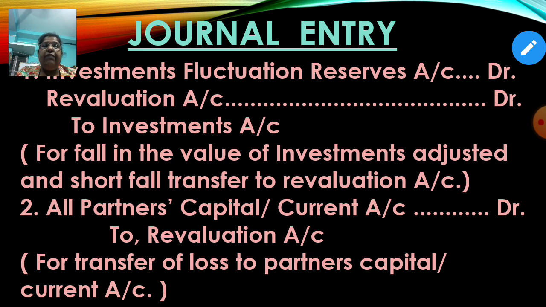First of all, investment fluctuation reserve account debit, the total amount of reserve that you have created. Revaluation account debit, the amount of loss to investment account. And now the amount of loss that is transferred to revaluation account will be transferred to partners' capital account or current account. And for that, the journal entry will be all partners' capital account / current account debit to revaluation account.